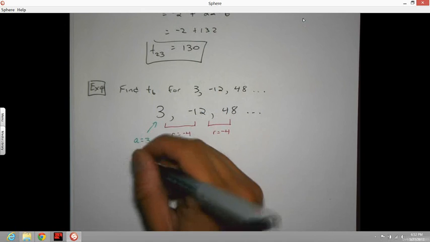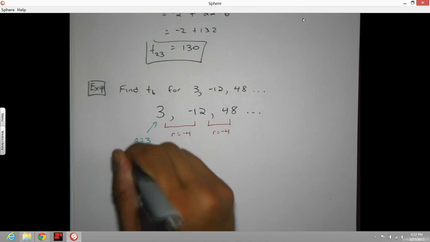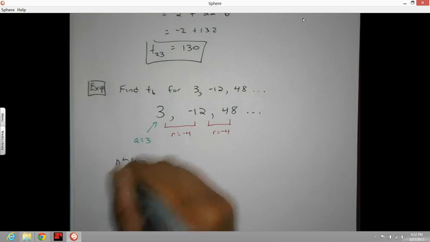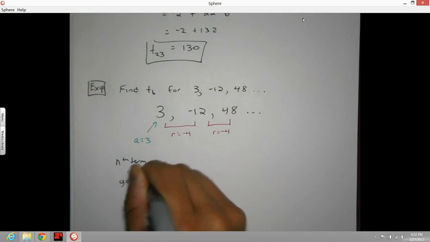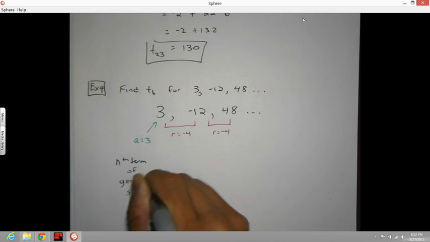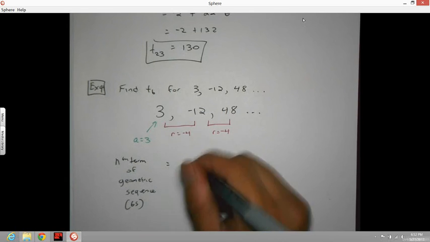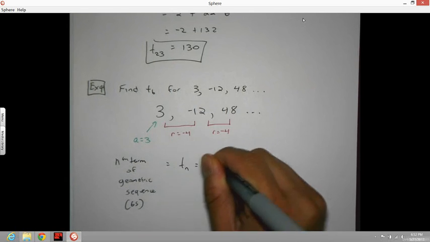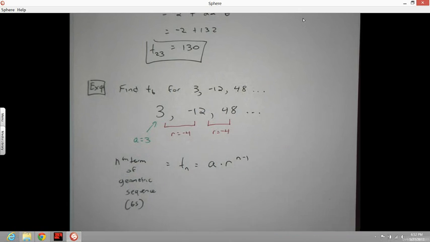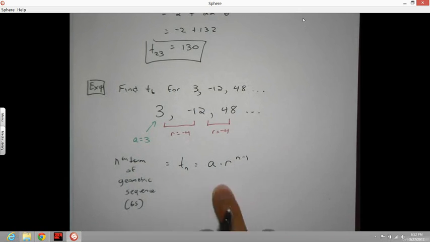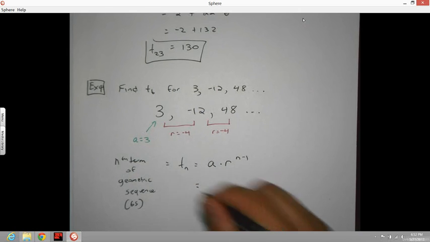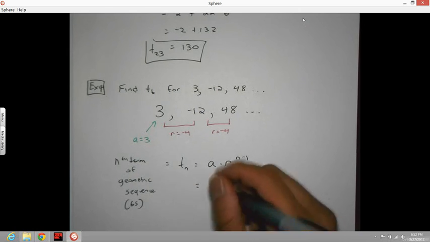Now, remember, for the nth term of your geometric sequence, and I'm just going to call it GS as an acronym, because I'm not going to keep writing that down, your nth term is going to equal A times R to the n minus 1. Can I plug those numbers in here? And the answer is yes. Do I know my A? Yep, it's 3.